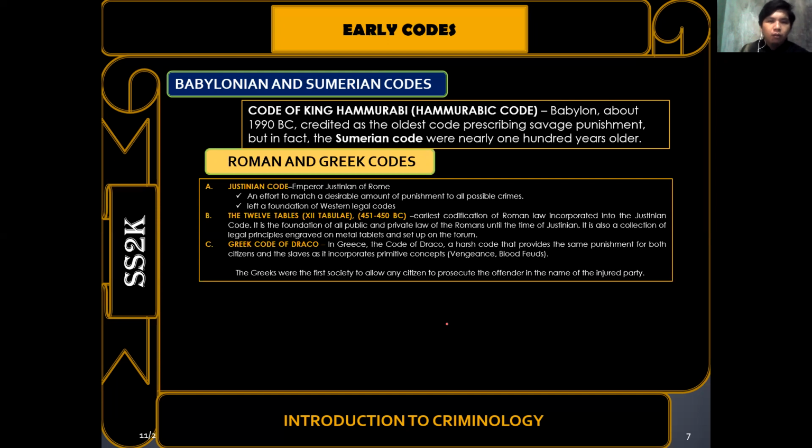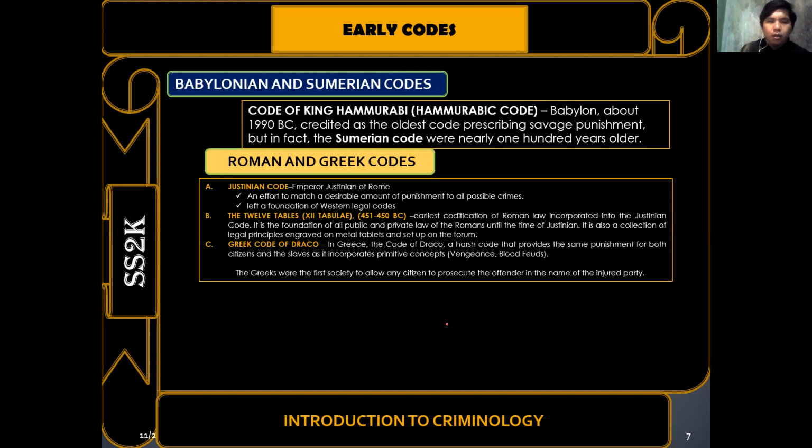The Justinian Code left a foundation of Western legal codes. That is where Westerners derived the laws they use in their countries.